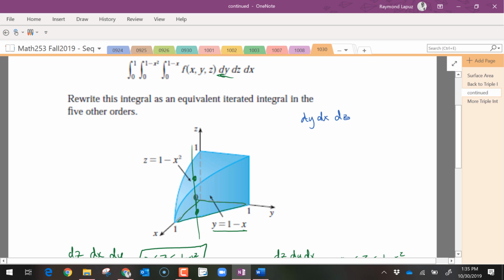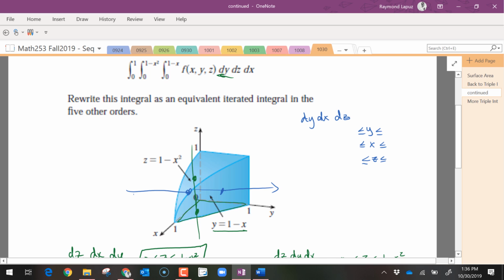And I'll do it up here since it should be kind of similar to this one. So we draw a line parallel to our y-axis, and we're going to enter through the region and exit through the region on the same function.